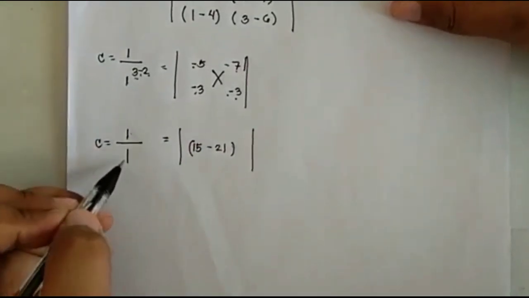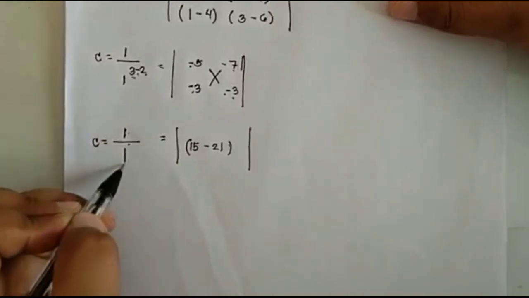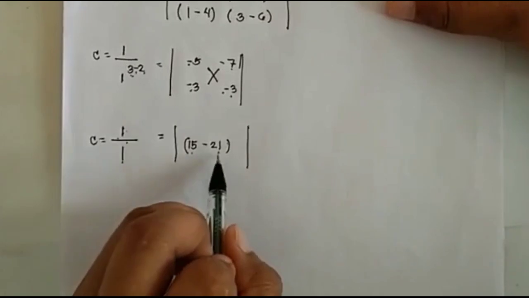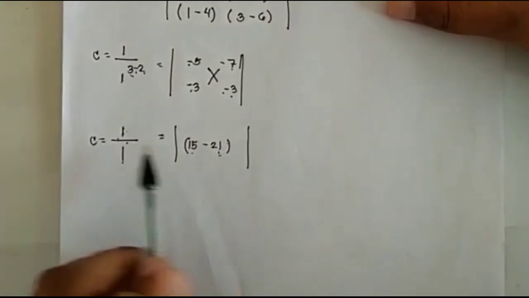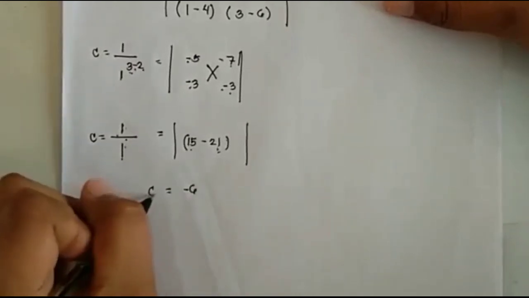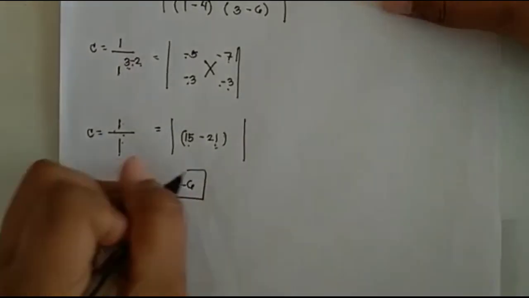So 1 divided by 1 is equal to 1, multiplied by 15 minus 21 is equal to negative 6. So negative 6 multiplied by 1 is equal to negative 6. So the C value is equal to negative 6.